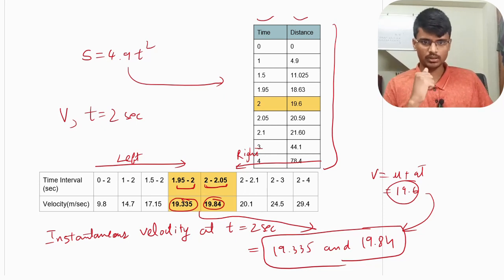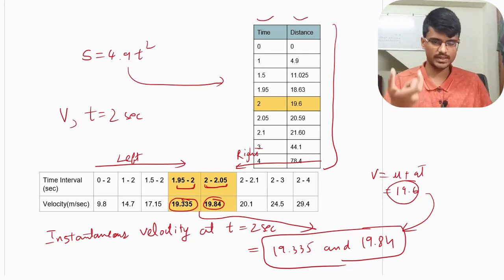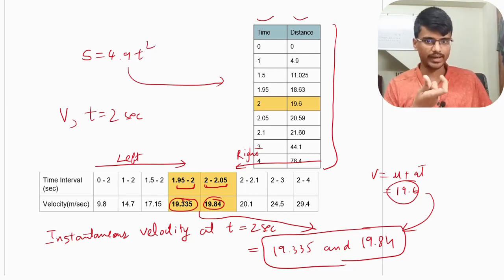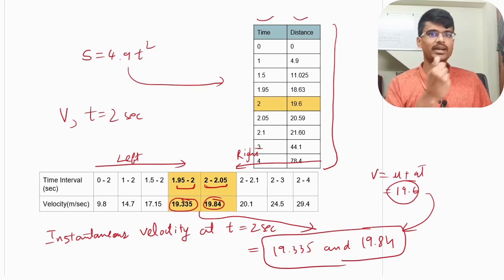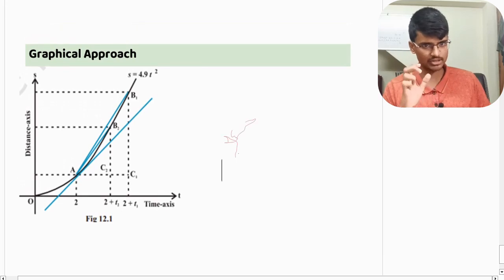Okay, so this is the limits idea. What I was trying to convey to you is the idea of limit. Using the idea of limit, we found out the velocity at time t equal to 2 seconds using time and distance data. Okay, so now coming to the graphical approach, this is very important.